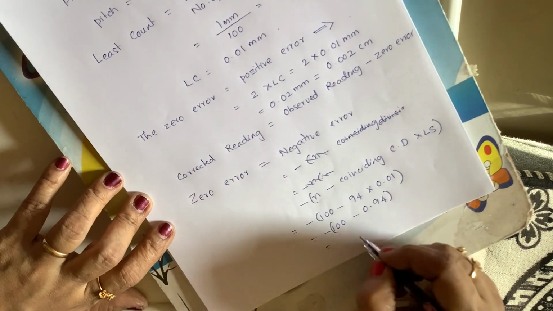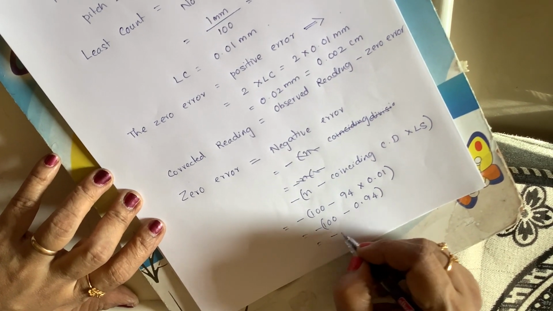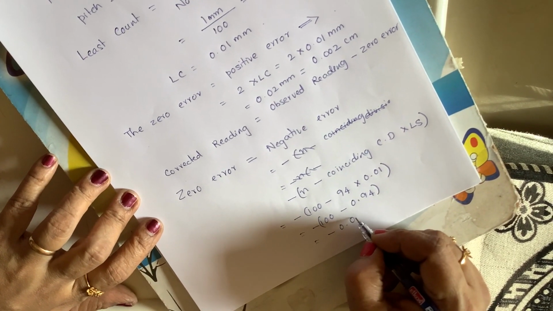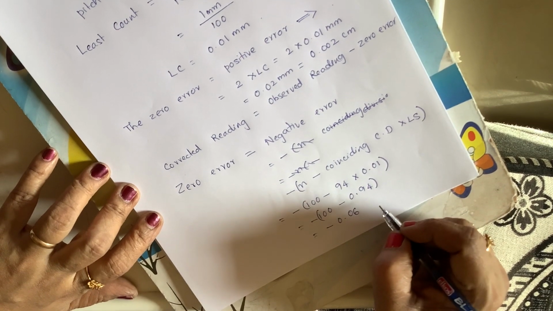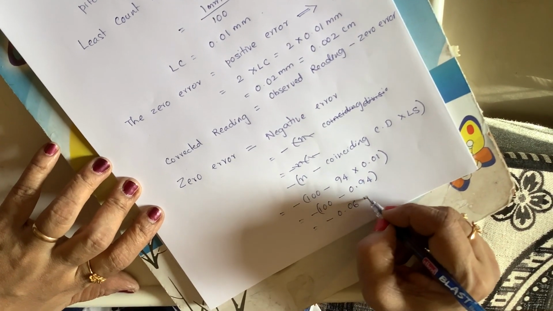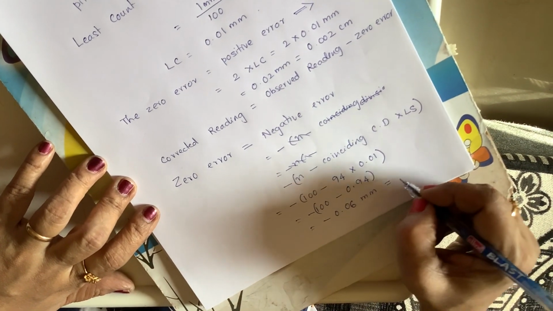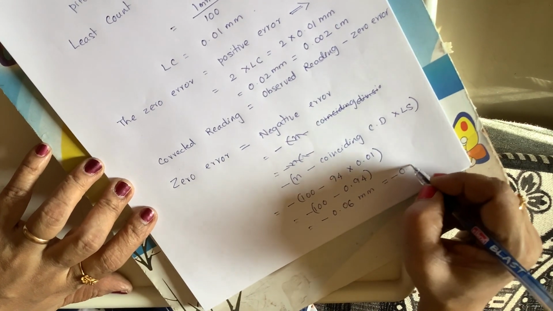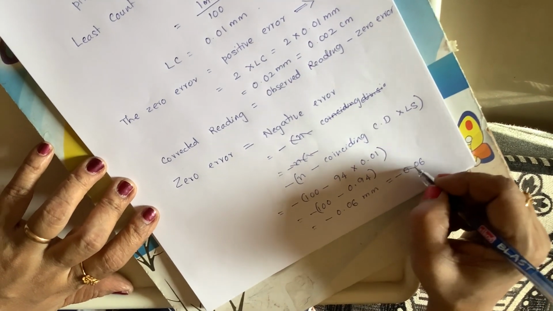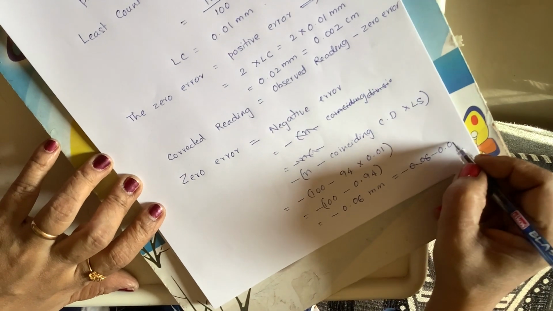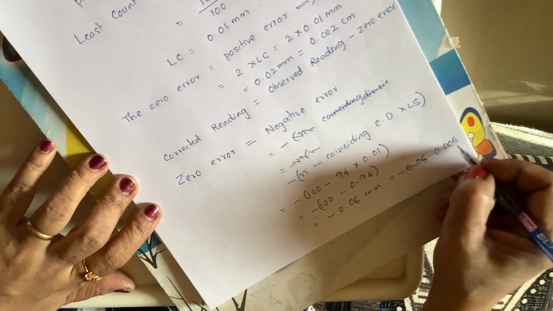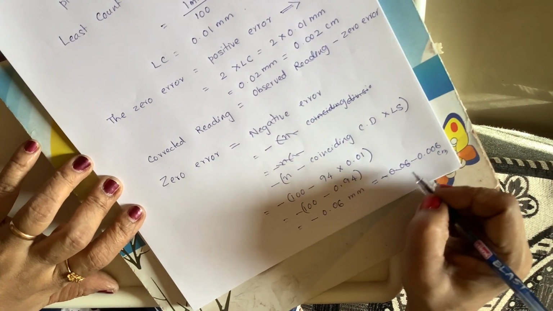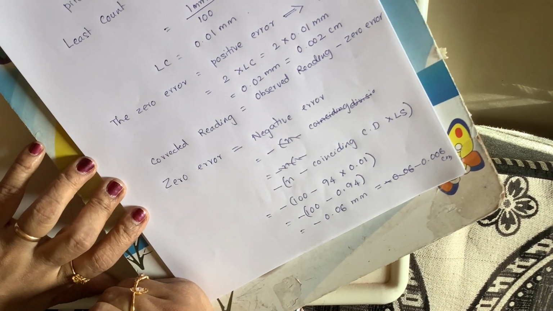Okay, so that will become minus 0.06, minus 0.06 mm. If you want to make it cm, minus 0.006 cm. So that will be the negative error.